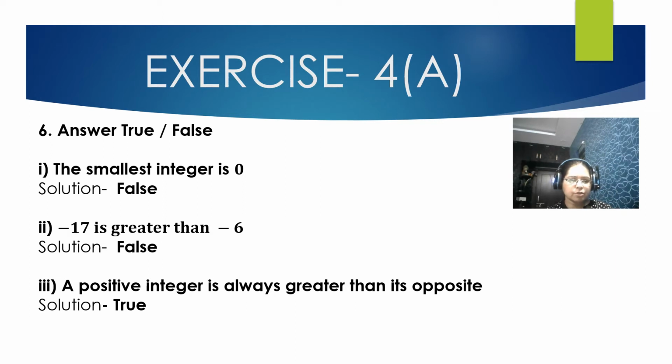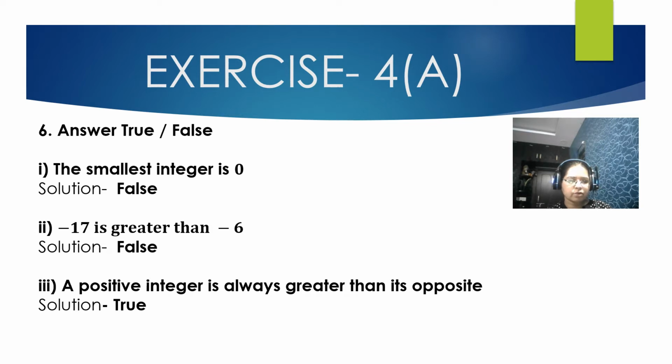Now we'll solve question number 6. Question number 6 is answer true or false. First bit: the smallest integer is 0. The smallest integer is not 0, because negative integers are also there. Negative integers are smaller than 0, but the smallest whole number is 0.